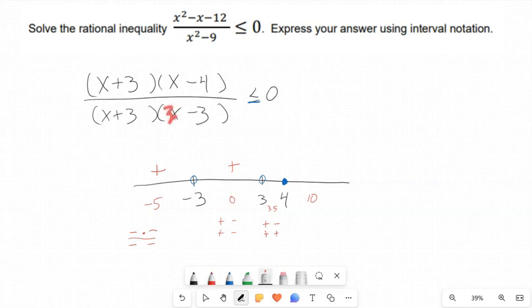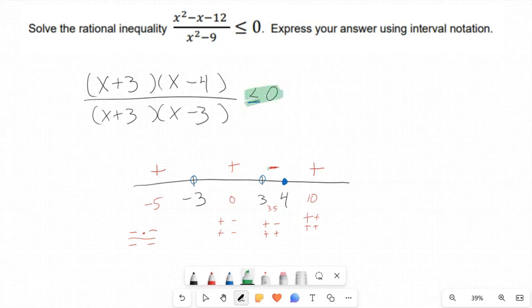Again, 3.5 minus 3 is positive. Hopefully this is making sense and you're tracking this. Positive, negative, positive, negative. One negative is a negative. And finally 10, positive, positive, positive, positive, all across the board. That's a positive.